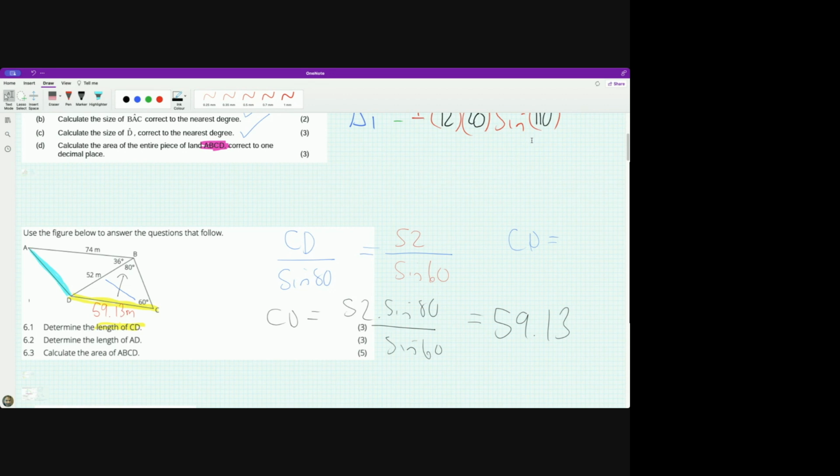What are we given? We're given a side, we're given an angle, and we're given another side. But the problem is it's not easy to use the sine rule. You actually have to use the cos rule.